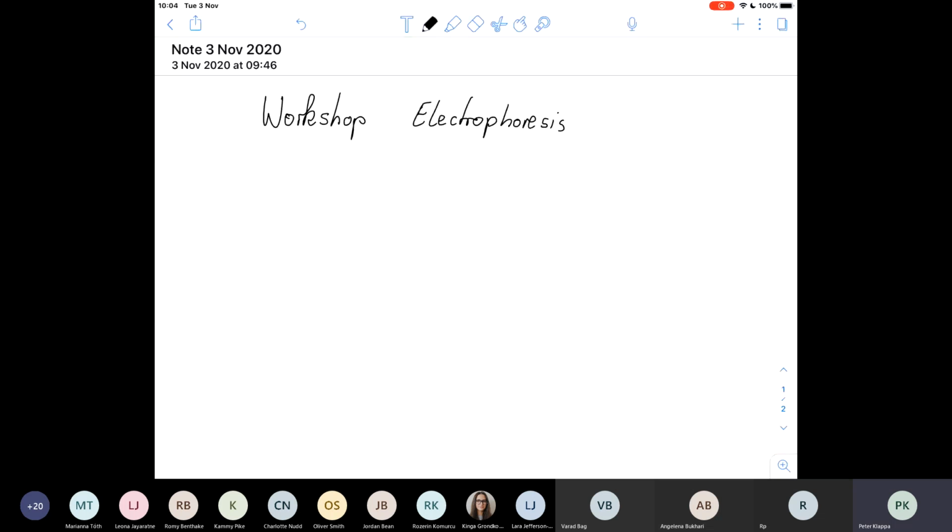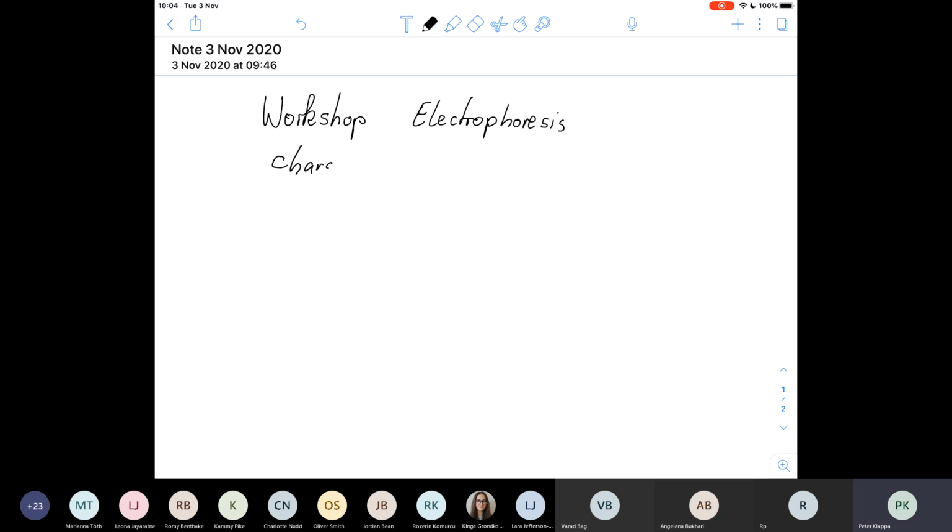So let's make a start. Let's talk a little bit about electrophoresis and the principle. And in a way, the principle is exactly the same for DNA, RNA, and proteins, because what we do is we will have a charged molecule.